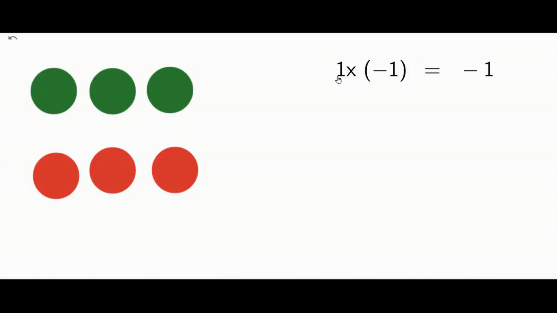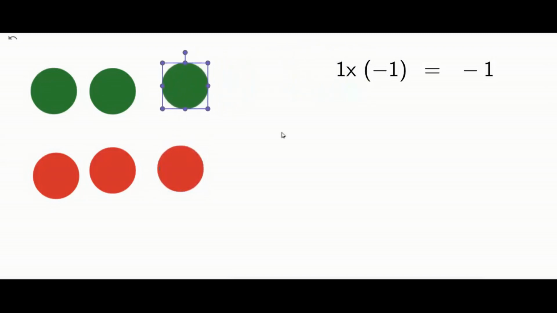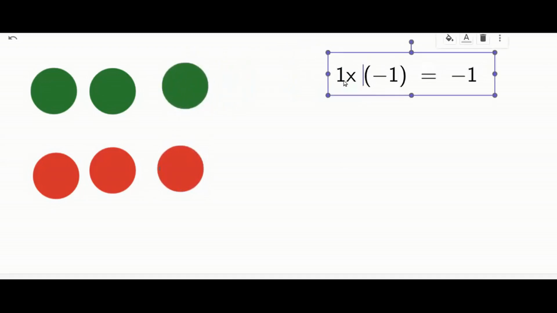This one means it's a green dot. So if I take away a green dot from you, you will end up having -1 because you have an extra unbalanced red dot. And that represents -1. Hope that makes sense.